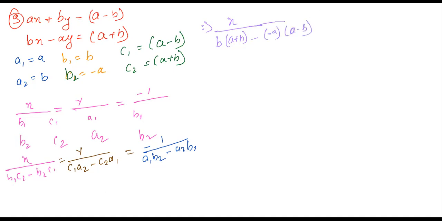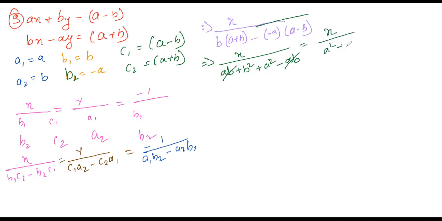Now see, as this one is a little different, we don't have any numbers, we have algebraic terms. I'm solving separately. So x by ab plus b square, minus minus plus, it is a square, then again minus minus plus, but it is minus ab. So this one and this one will cancel, and it is x by a square plus b square.